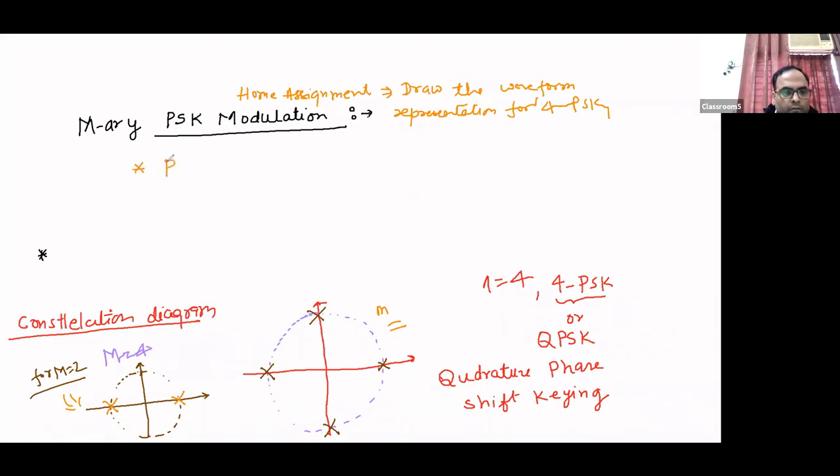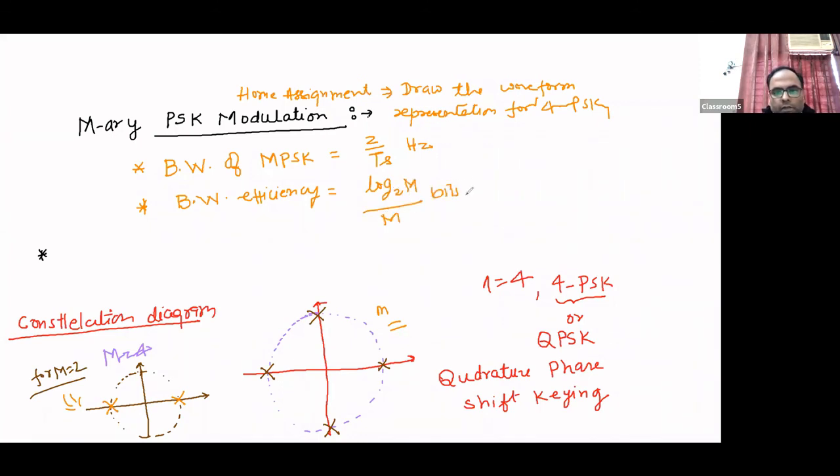The bandwidth of MPSK is very simple. It will always be 2 upon Ts hertz, because information is in phase. And the second one is the bandwidth efficiency. Bandwidth efficiency can simply be log base 2 of M divided by M bits per second per hertz.